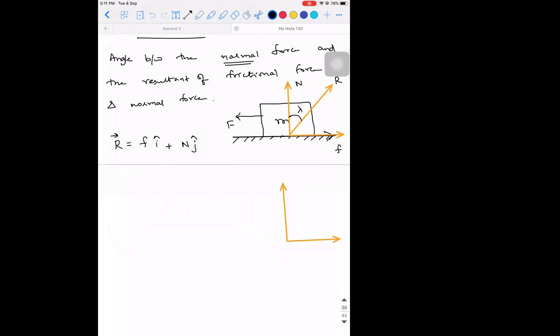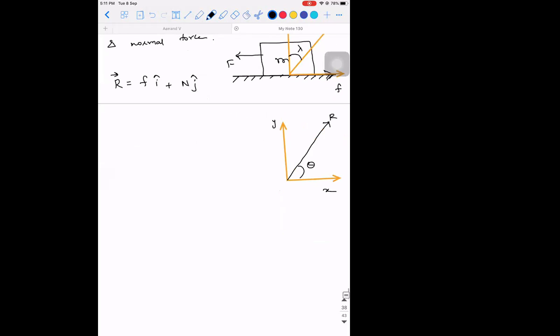Let's say the resultant is like this. This is X and this is Y. If you take this as theta, then tan theta is always written as Y divided by X, where theta should be with respect to the X axis.